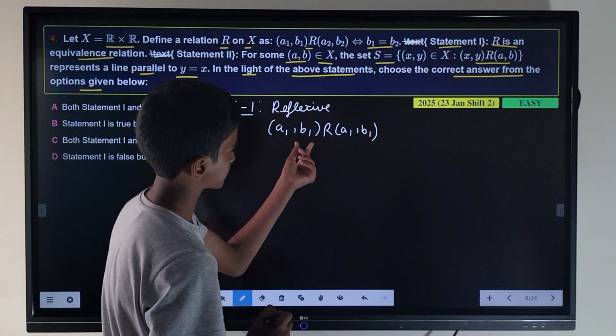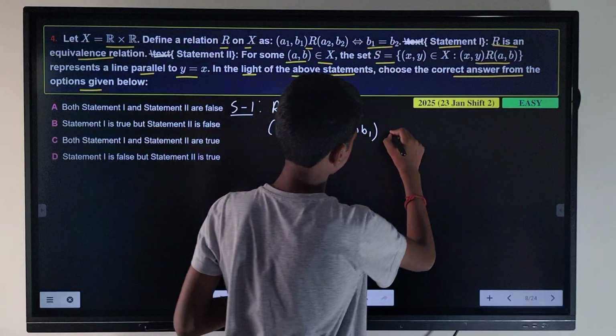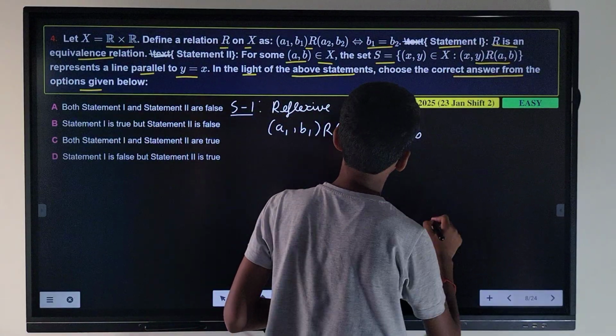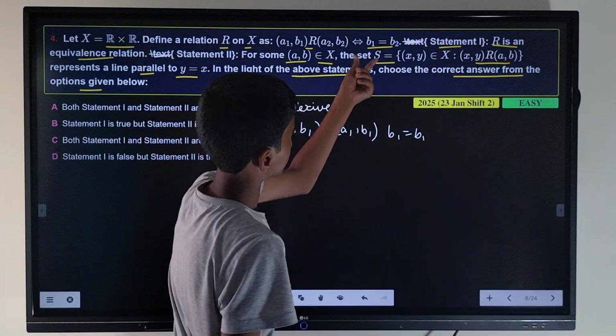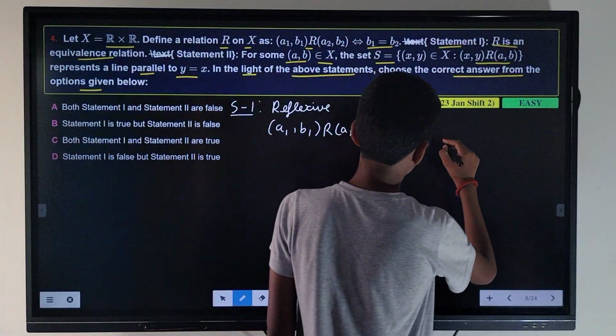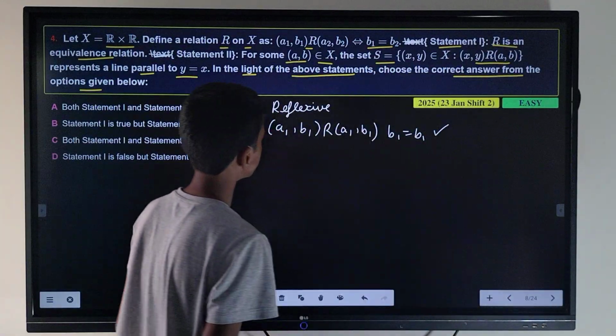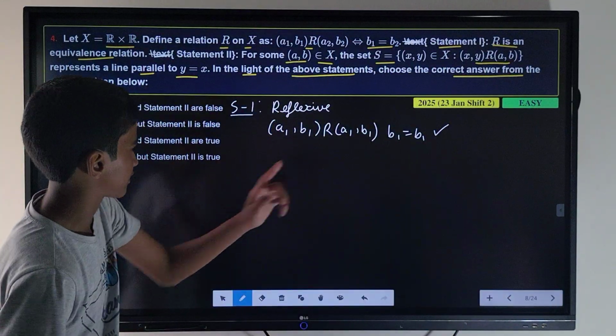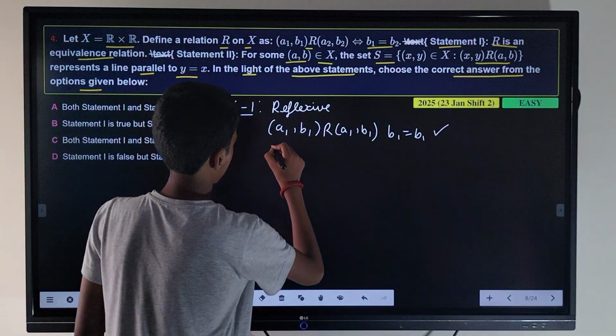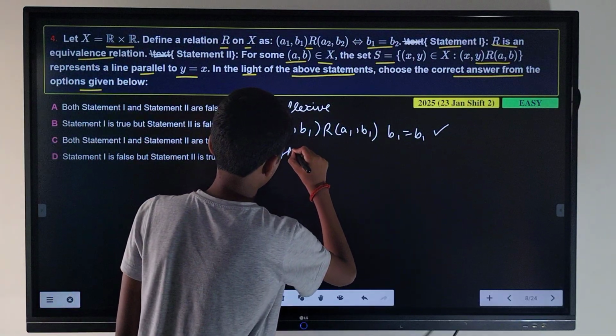Now in this case our b1 is equal to b1, which satisfies the condition. So from here our relation is reflexive.